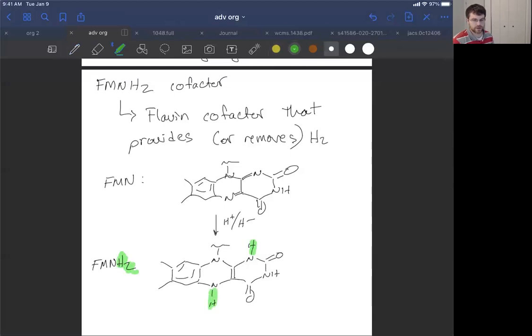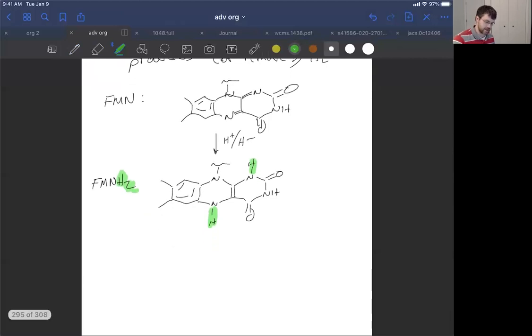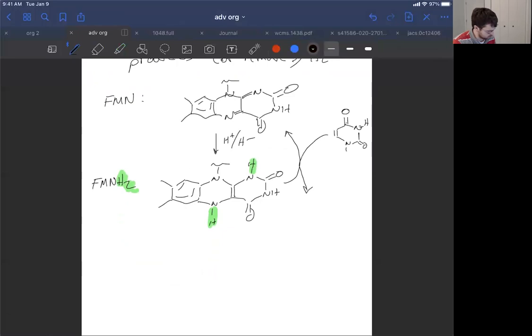And so we've seen these flavin oxidizing agents before. So what we can do is pull off two hydrogens or add two hydrogens by way of an H minus, H plus pair. Okay, so what this does is this will go this way, and then uracil will go this way to form dihydrouracil.